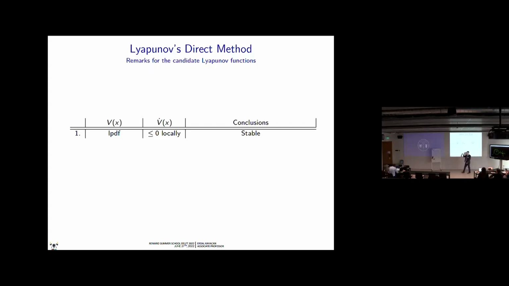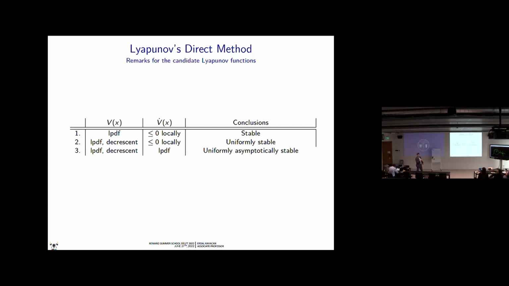So line by line, we can make it more and more strict. The second line says if this is decreasing over time, and if it is local, again, this is uniformly stable. I will not talk about this one. And if it is locally positive definite, then you can say asymptotically stable, right?